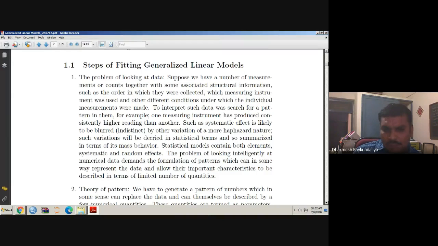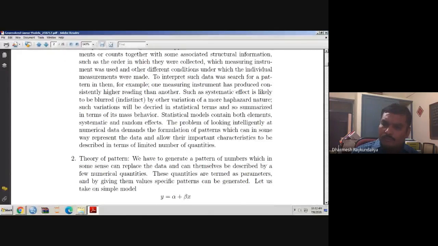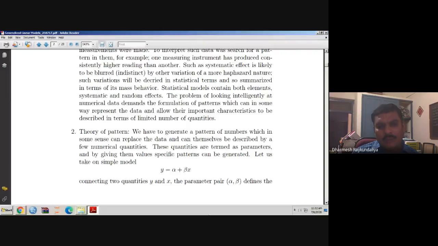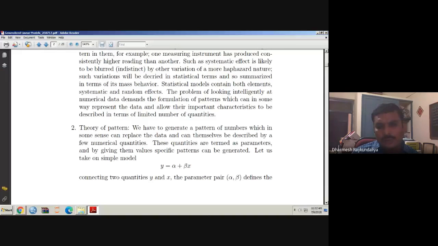Once we are very clear about the data, we wish to see whether there are any patterns in the data or not. So in the last lecture we discussed the pattern set. Here alpha and beta are the two quantities in the model y is equal to alpha plus beta x, which explains the model completely.